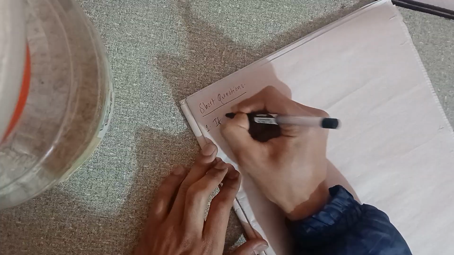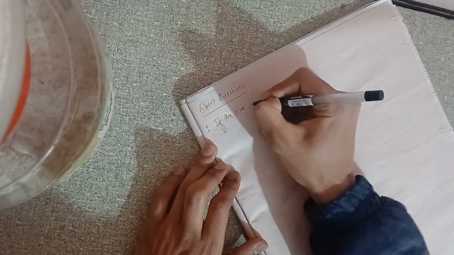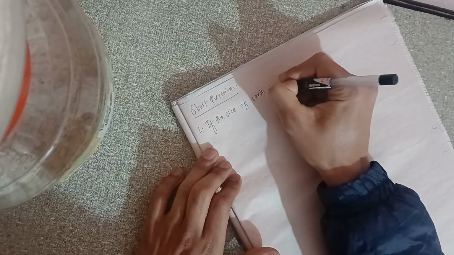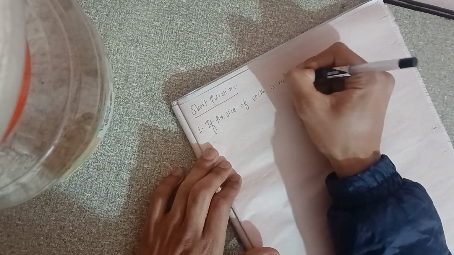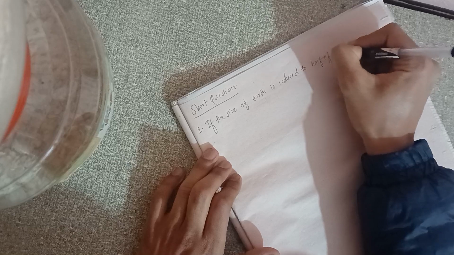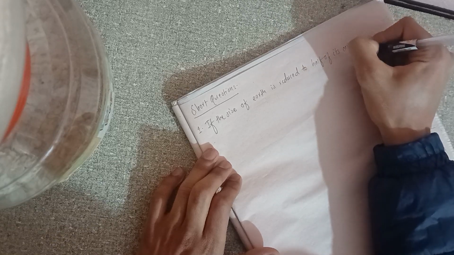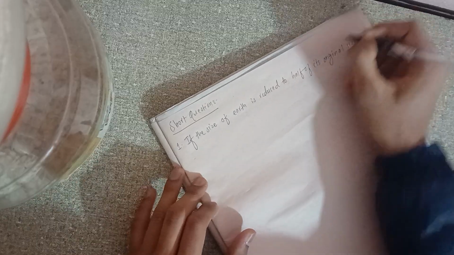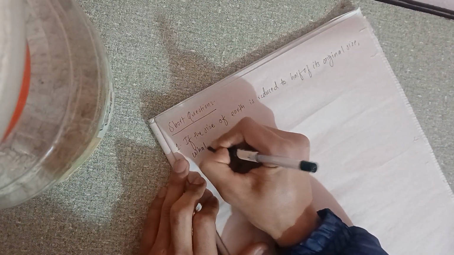So the first question is, if the size of Earth is reduced to half of its original size, what happens to the time period?